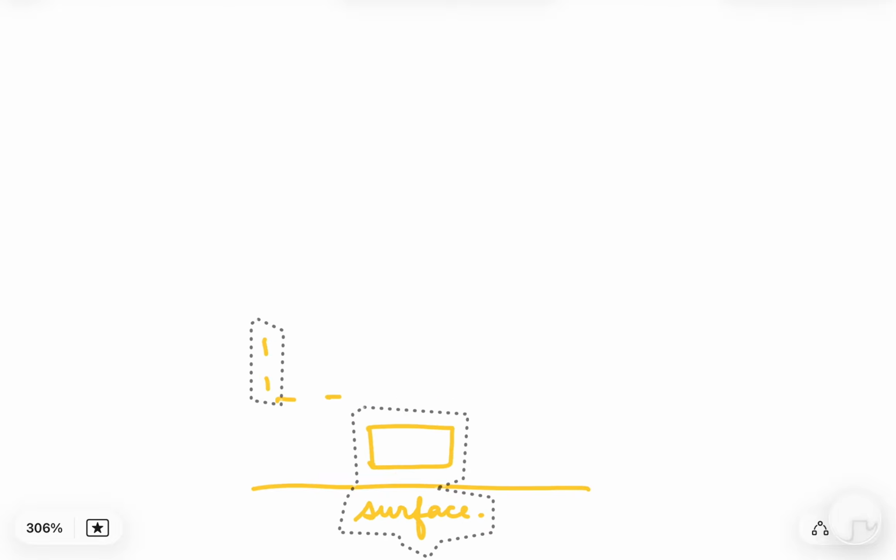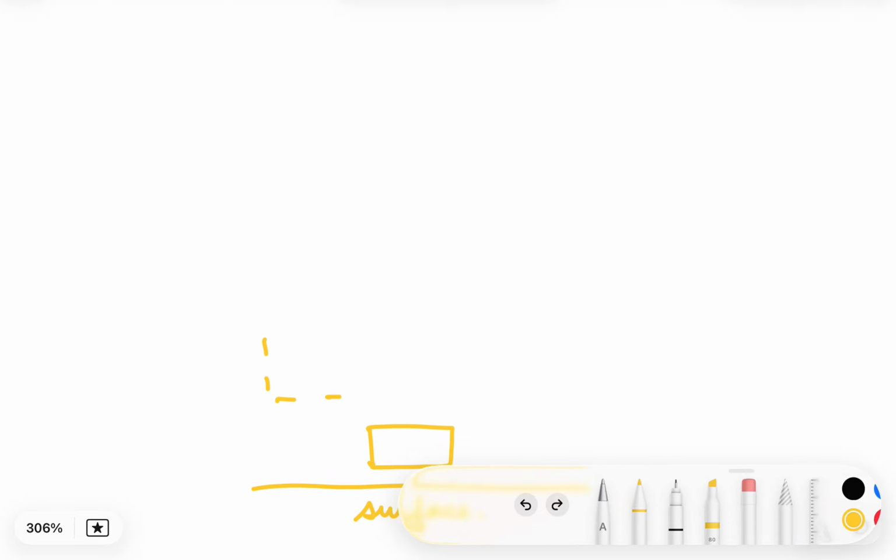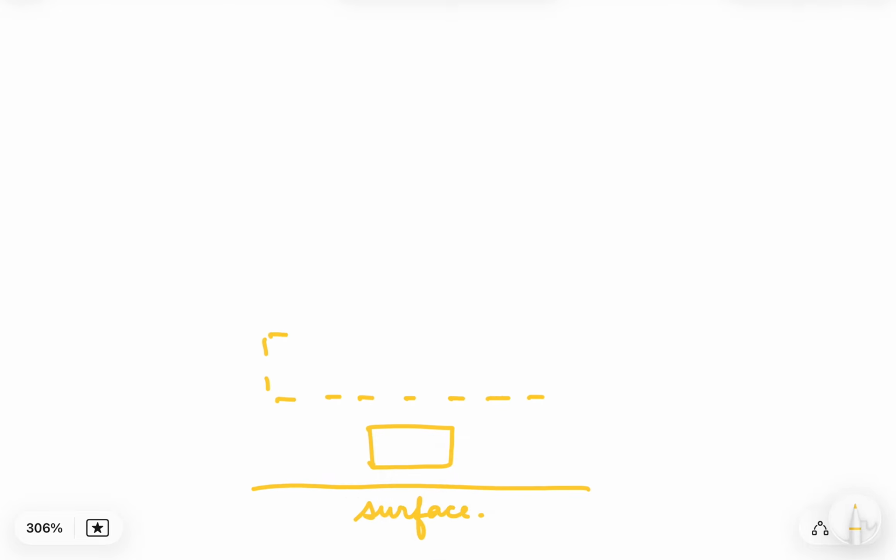Now suppose this is the surface, this is the air parcel. As it moves up, it will expand. It will start to expand, further it will expand more.